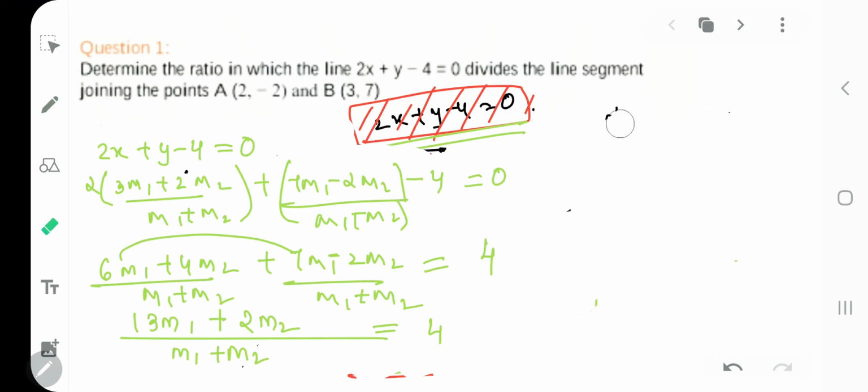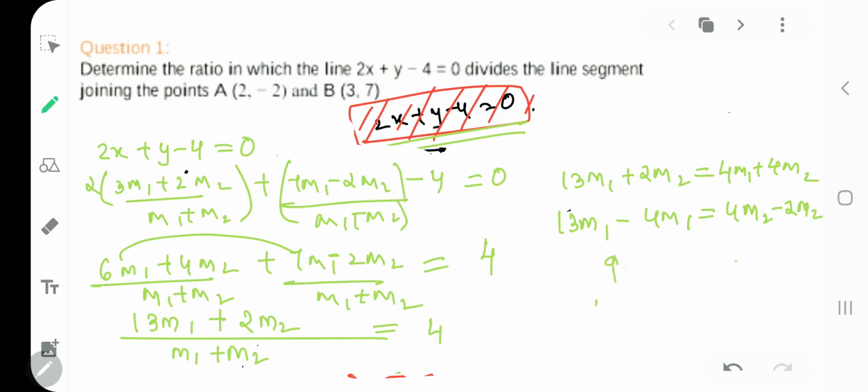Cross multiply here. So it will be 13m1 + 2m2 = 4m1 + 4m2. Now take m1 and m2 terms together: 13m1 - 4m1 = 4m2 - 2m2.